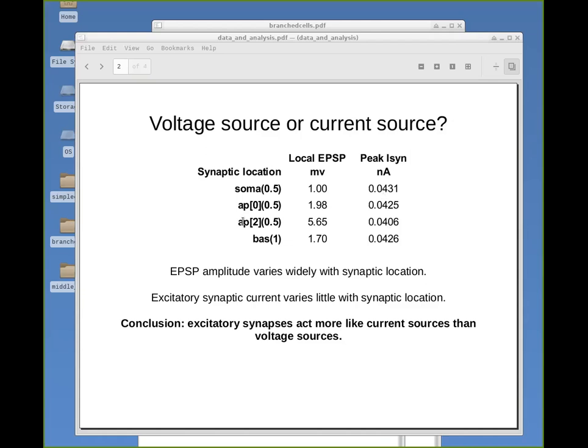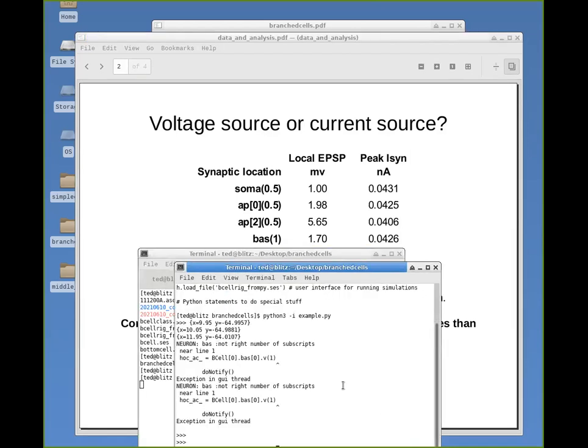So the input impedance out here in apical 2 looks like it's almost 6 times bigger, but the current reduction is only less than 10%. Why is that? Why is the peak current only less than 10% reduced? Okay. Anybody have an idea? Nope.